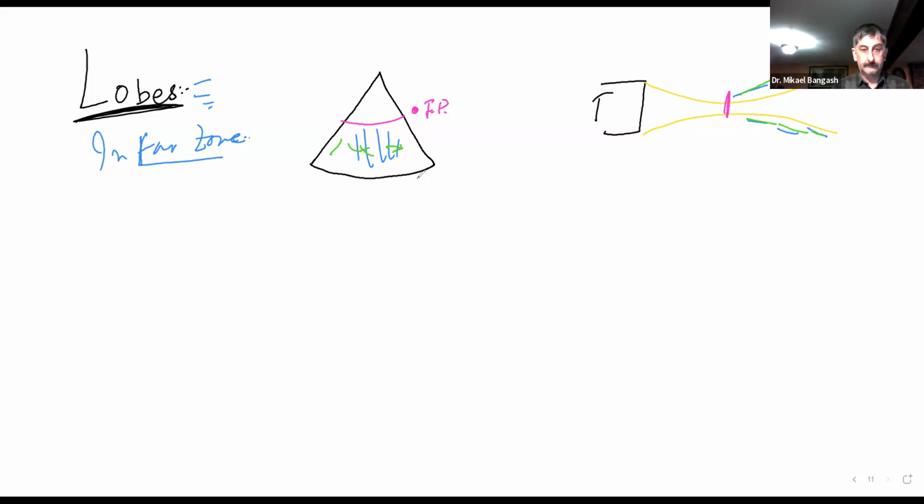When is that? Or how? Or why? Is it that we see lobes in the far zone?